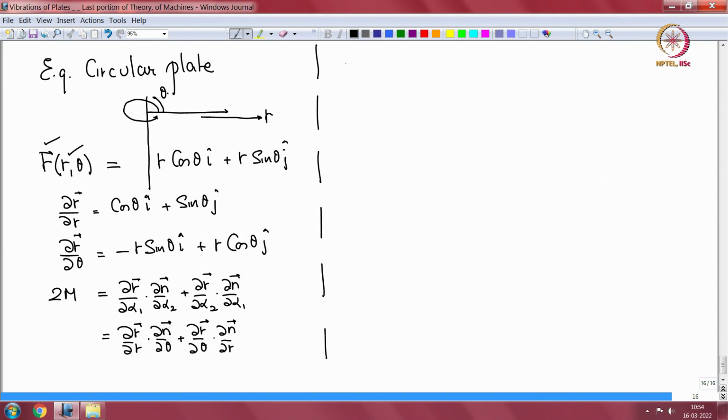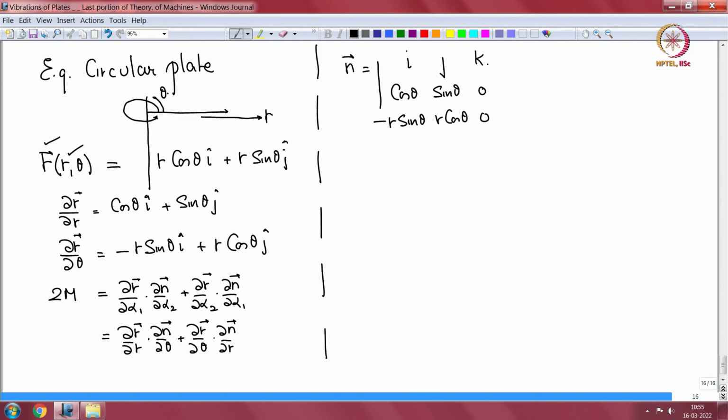So what is n? We have to do a cross product: i j k, cos theta, sin theta, 0, minus r sin theta, r cos theta, 0.